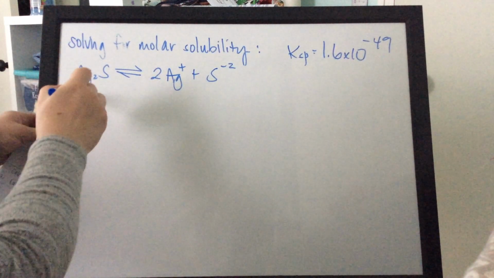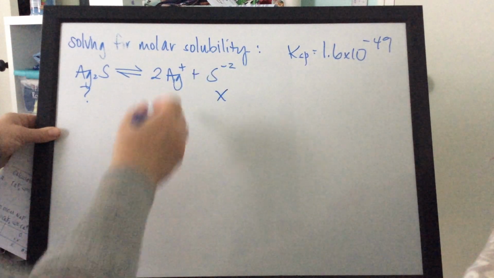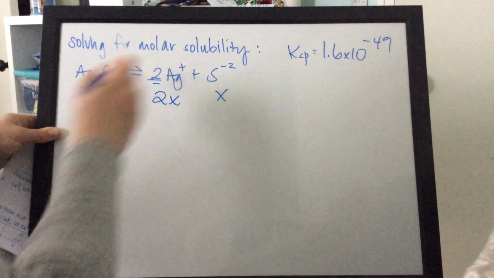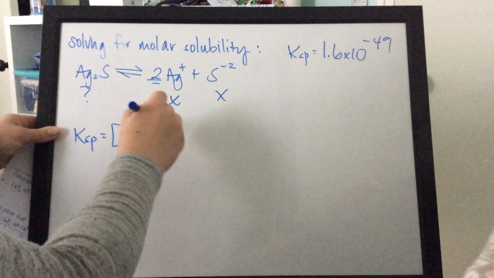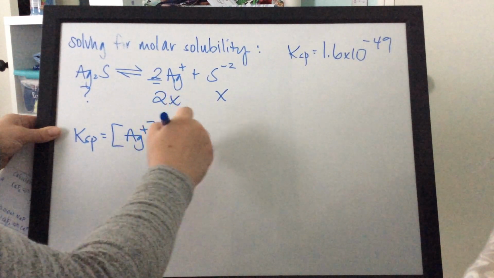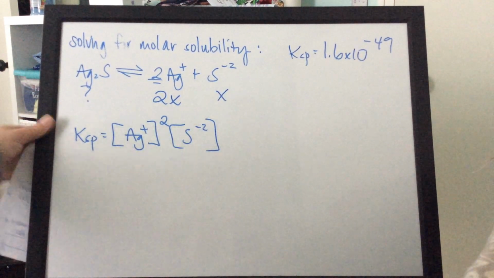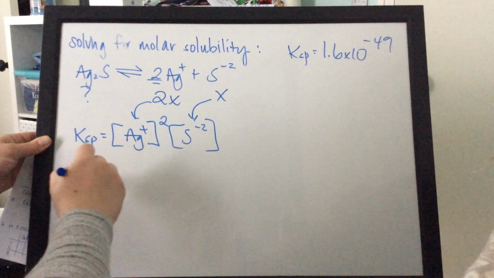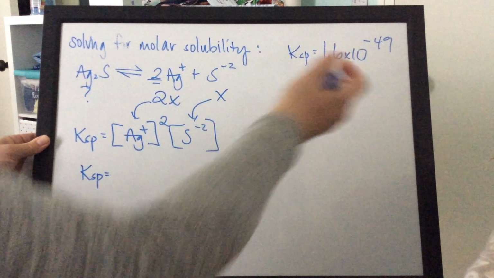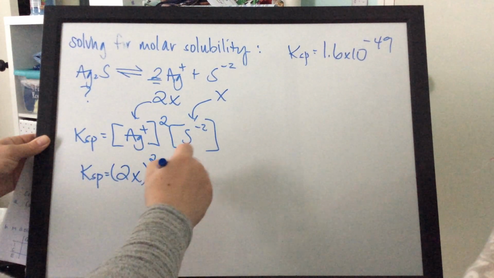I'm looking for what this molar solubility is. I would represent this by x, and this by 2x. If I were to write a Ksp, it's going to be the concentration of the silver squared times the concentration of the sulfide to the first power. Then I would plug in what I'm letting them represent, so the Ksp would be the quantity 2x squared times the quantity x.